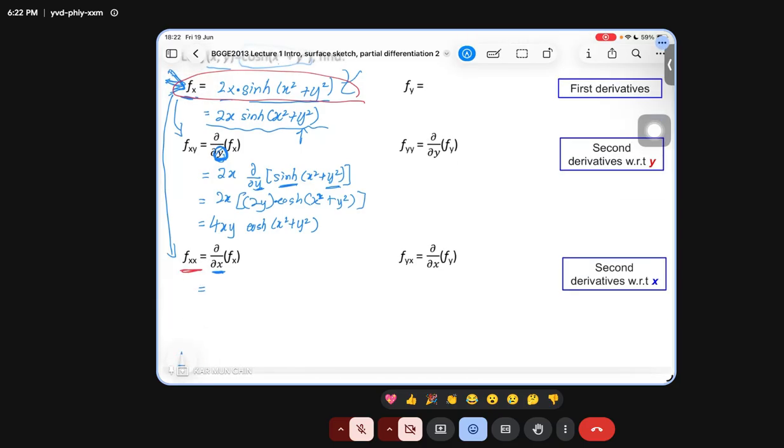So with respect to x, the 2 is a constant here, you can just bring it out, and then you derive the remaining part, which is x sinh of x squared plus y squared. So the 2 you just copy.